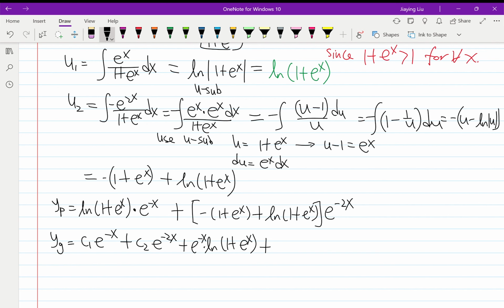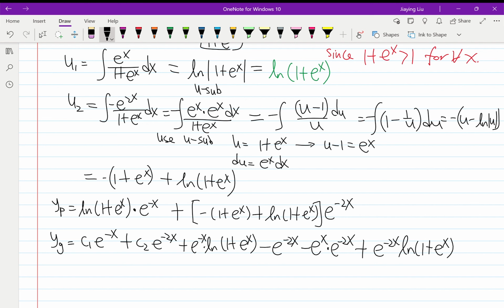And then plus, so here I have negative 1 times e to the negative 2x. So that's minus e to the negative 2x. Then I have negative e to the x times e to the negative 2x. Then I have positive natural log times e to the negative 2x.